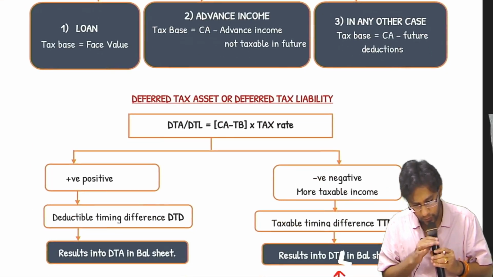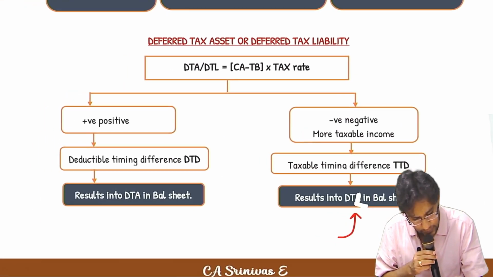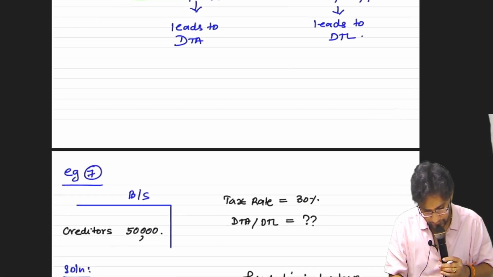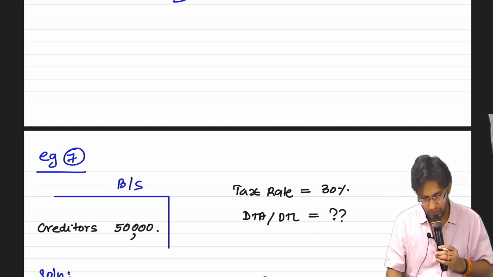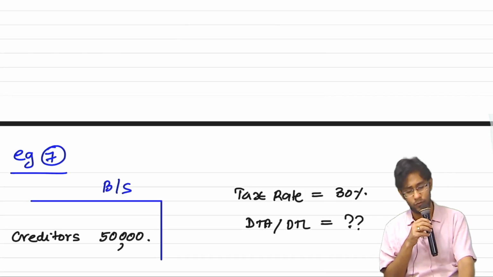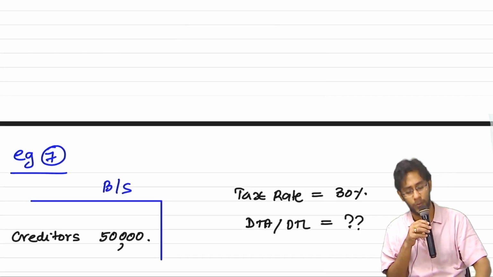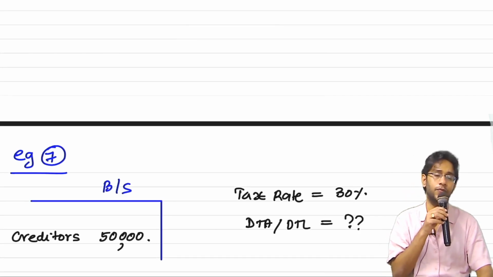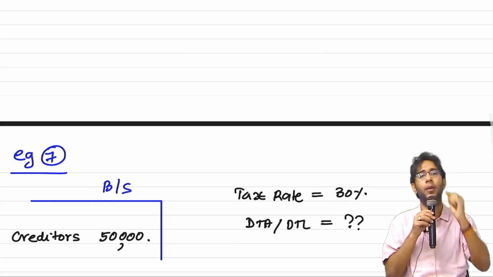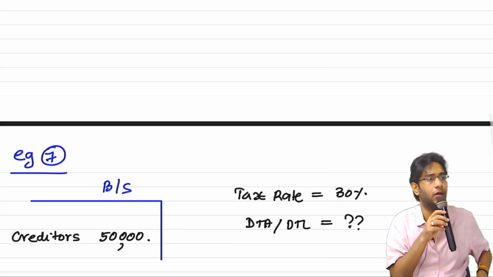All this is over. Now, similarly, a few examples we'll see on liabilities also. That will give us a little bit more comfort. Tell me, sir. You have a creditor, book value 50,000 carrying amount, tax rate is 30%. What is the DTA or DTL? Your thinking should be in two steps. Step number one, what is the tax base of the creditor?